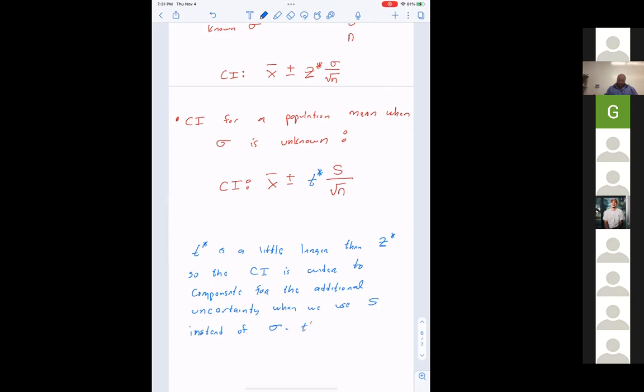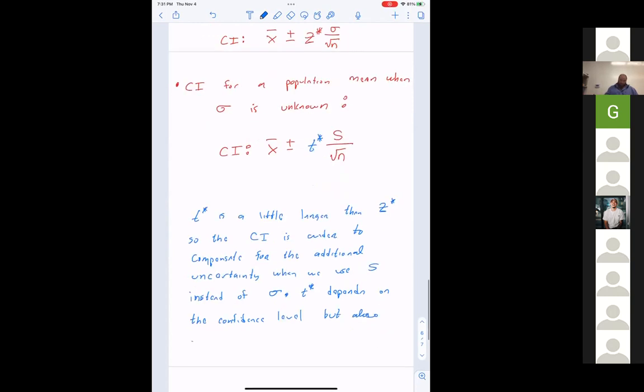T star depends on the confidence level, of course, like Z star does. But what else might T star depend on? It also depends on N, the sample size.